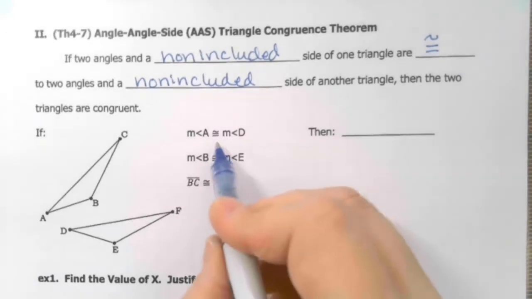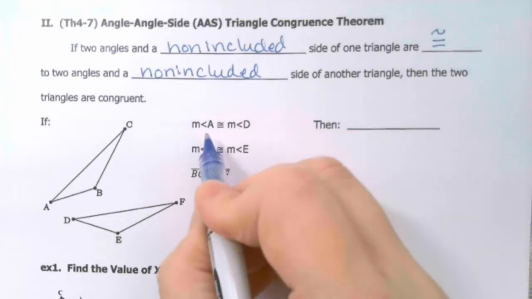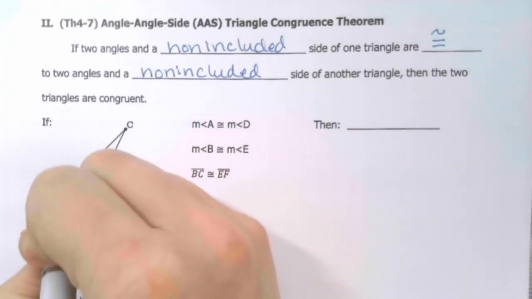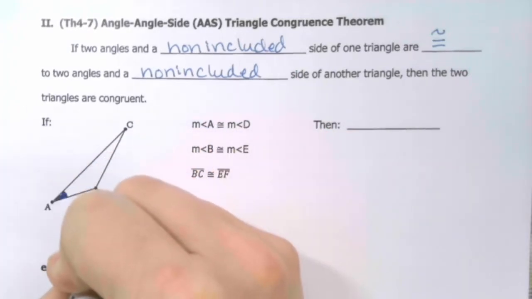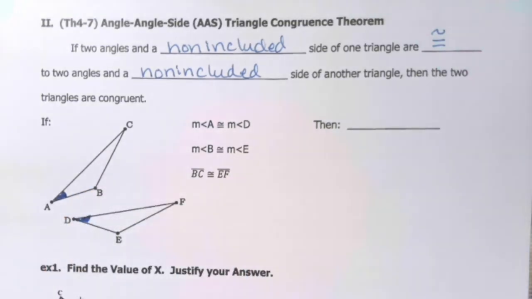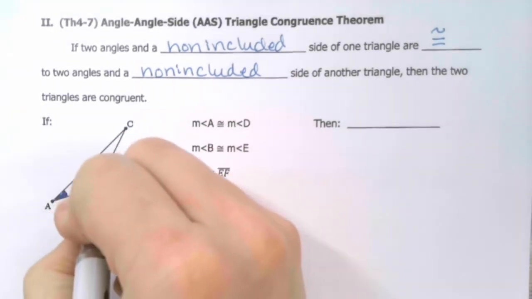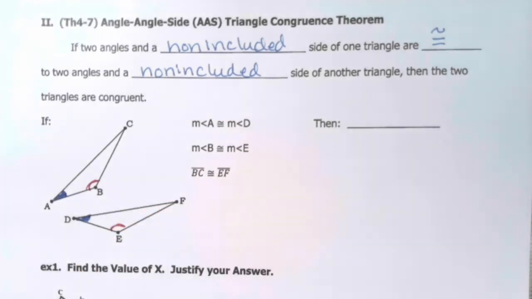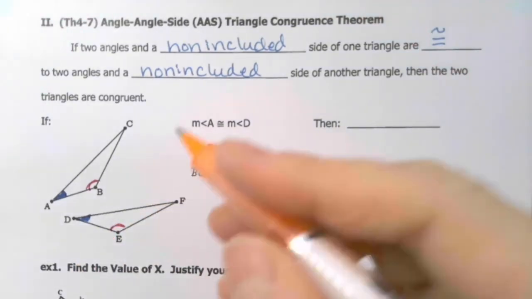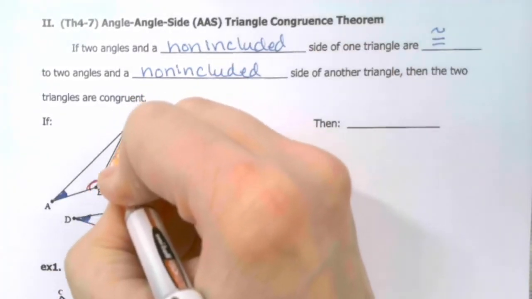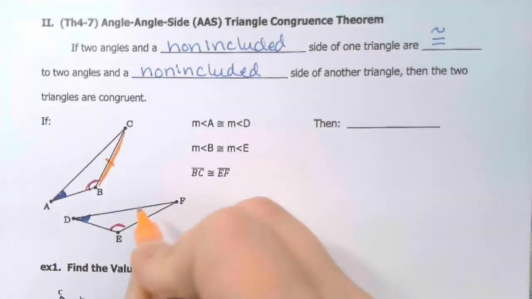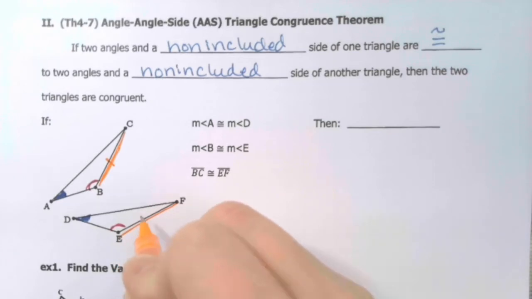Okay, so let's label what they tell us here. A and D are congruent. B and E are congruent. Now here's where this is different from angle, side, angle. BC is a non-included side, and BC and EF are congruent.